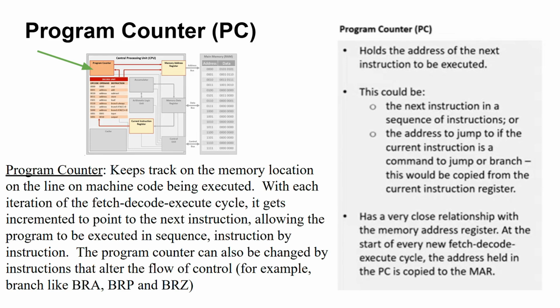The program counter can also be changed by instructions that alter the flow of control, for example, like branch back to 0, branch if positive, etc. But it's incremented by one basically for every single step of the flow of instructions. And it also holds the address for the next instruction to be executed.